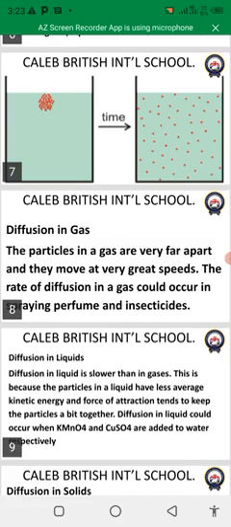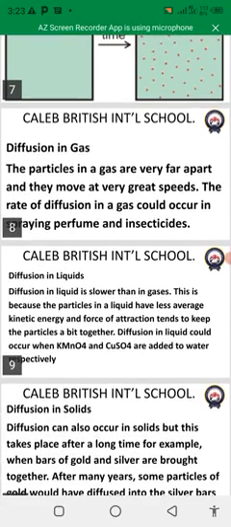The rate of diffusion in the gas could occur in varying perfume and insecticides.